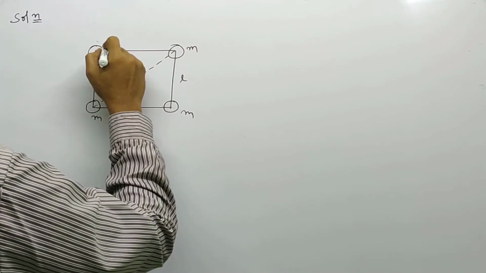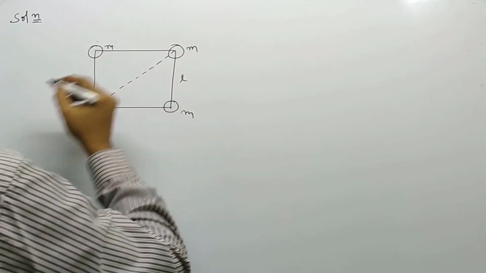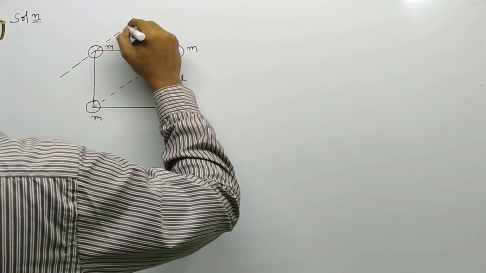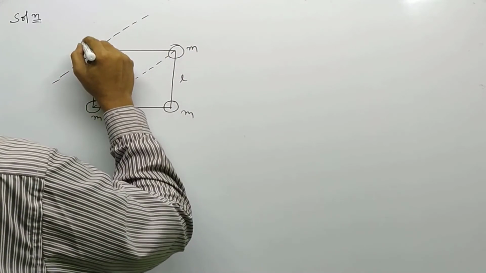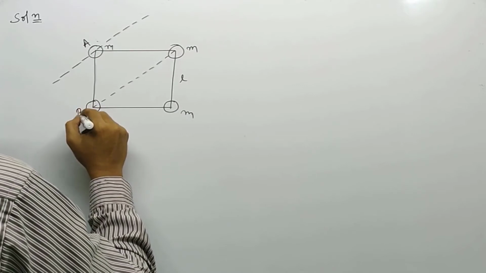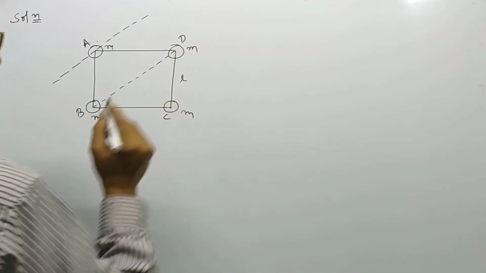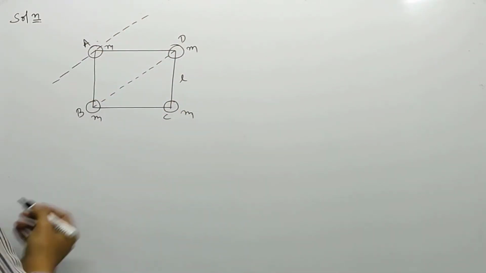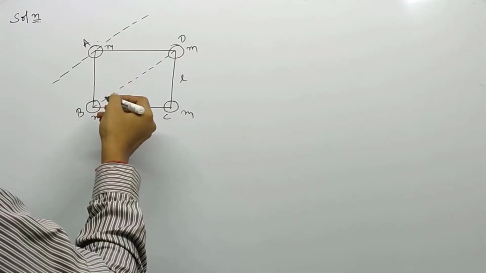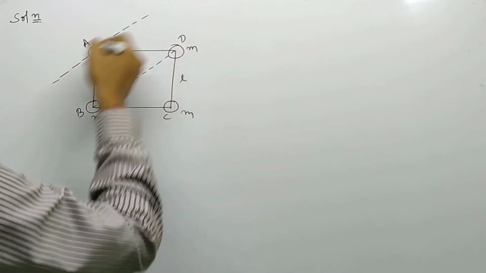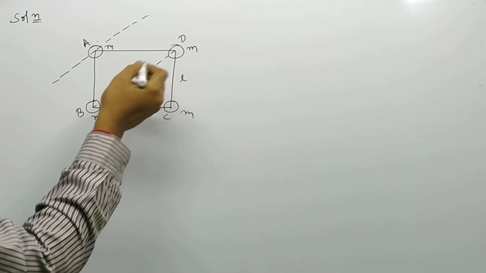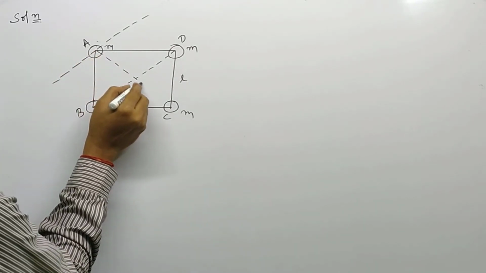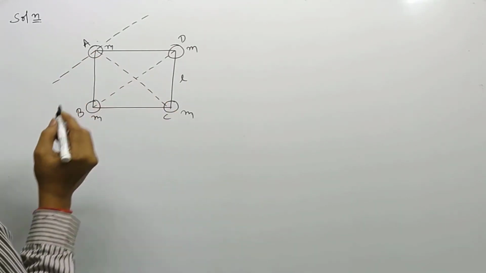Now the question is the moment of inertia of this square about an axis passing through A and parallel to BD. ABCD is the square, BD is a diagonal, and this is the axis passing through A and parallel to BD. AC is also a diagonal.